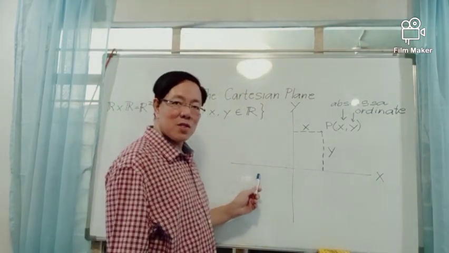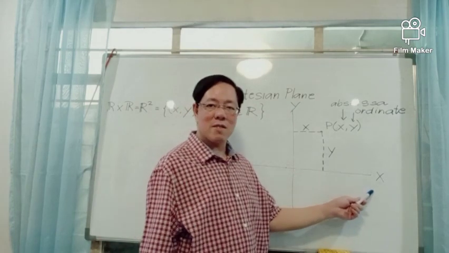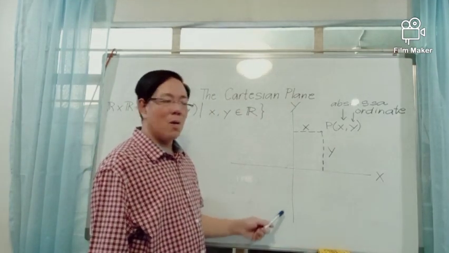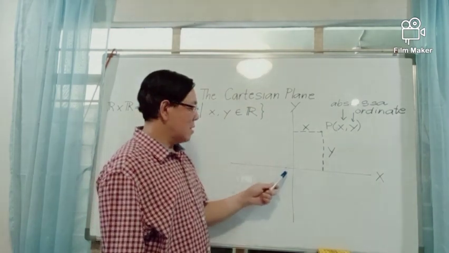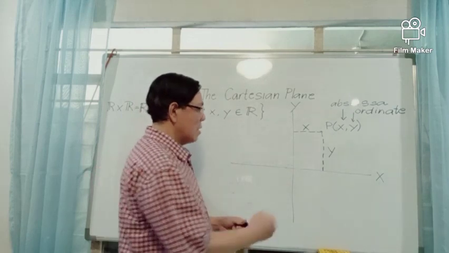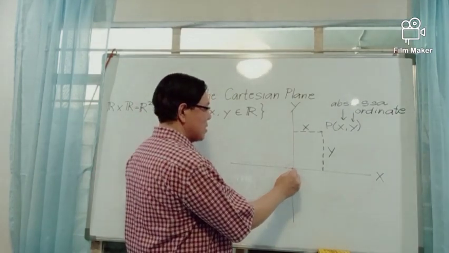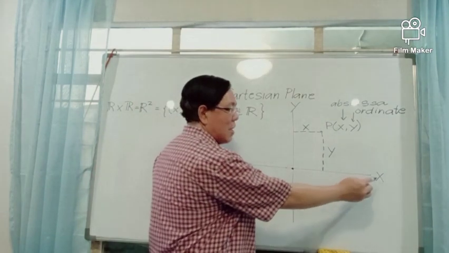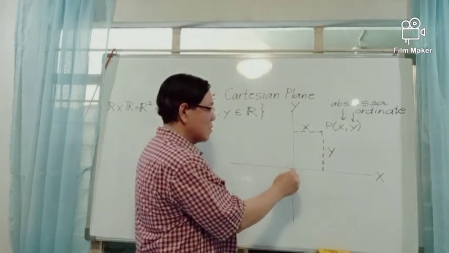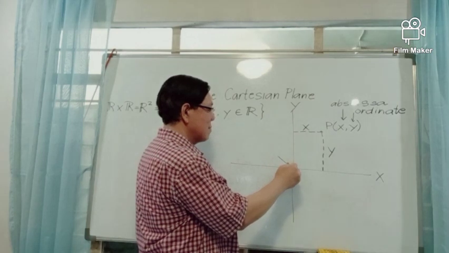At the intersection of the horizontal axis or the x-axis and the vertical axis or the y-axis is the point which we call the origin. The point of intersection of the horizontal axis x and the vertical axis y is called the origin.